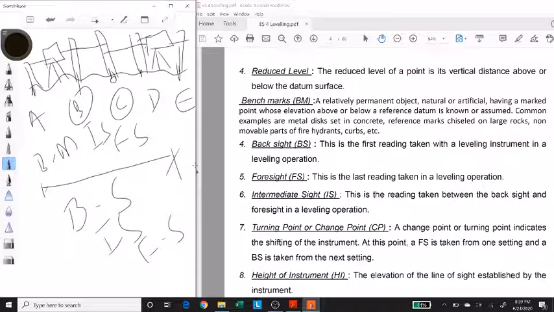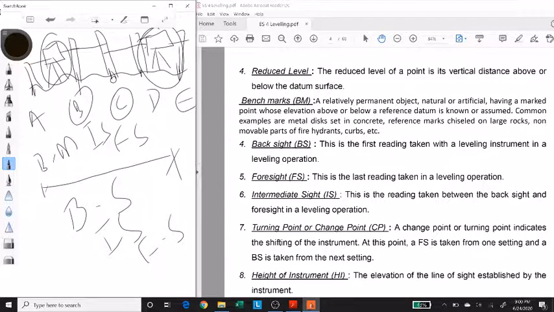The foresight, which is the last reading of my first setup of the instrument, and then the backsight, which is my first reading of the new setup of my instrument, since point C had become my benchmark. So that point C is called a turning point or a change point. So remember, at a change point, you always have two readings.